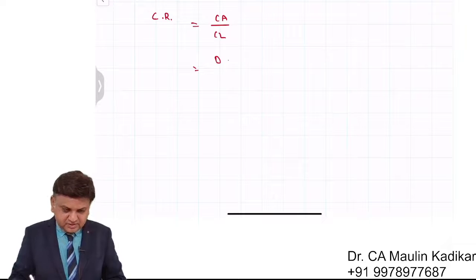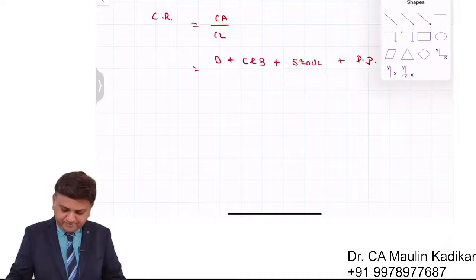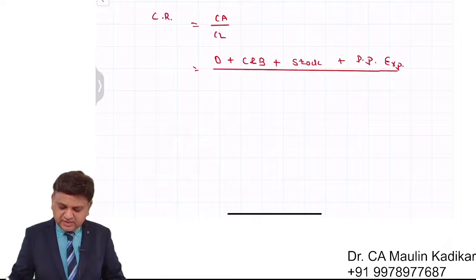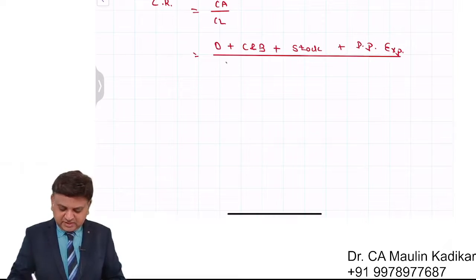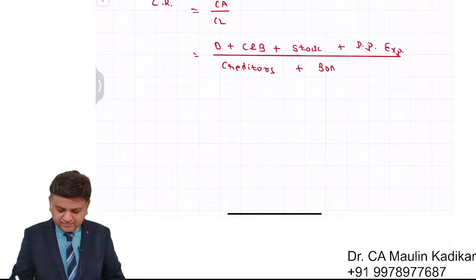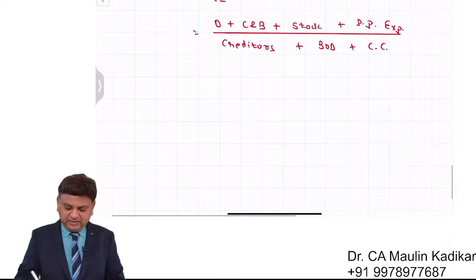It is debtors plus cash and bank plus stock plus prepaid expenses, whole divided by current liabilities. As far as the current liabilities are concerned, it is creditors plus bank overdraft plus cash credit. That is the way we'll compute the current liability.